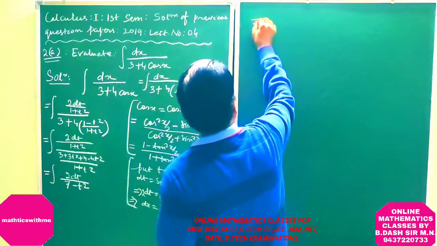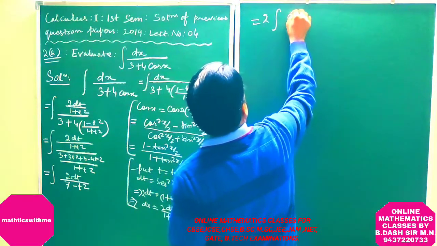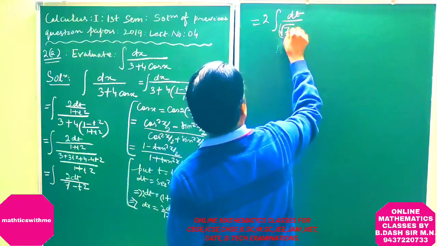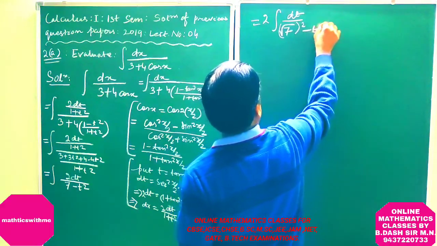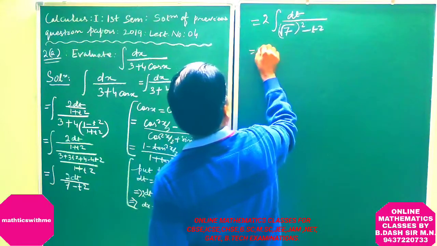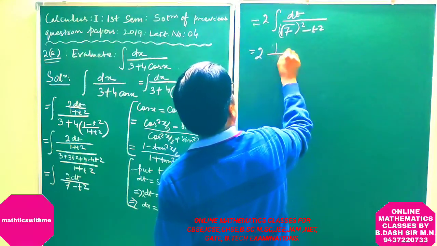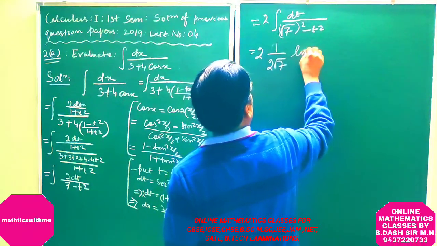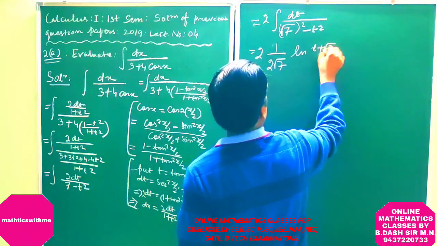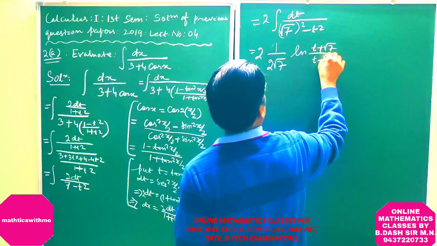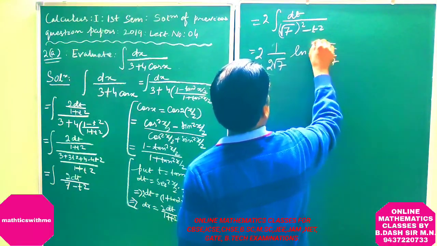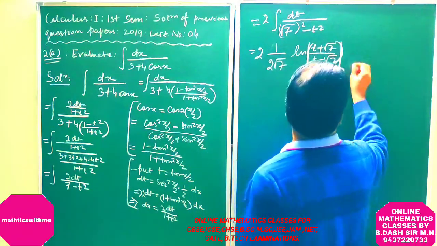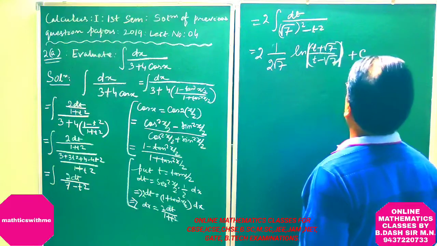So this is equal to 2 times the integration of dt by root 7 square minus t square. This is 2 into 1 by 2 root 7 ln of absolute value of t plus root 7 by t minus root 7, plus c.